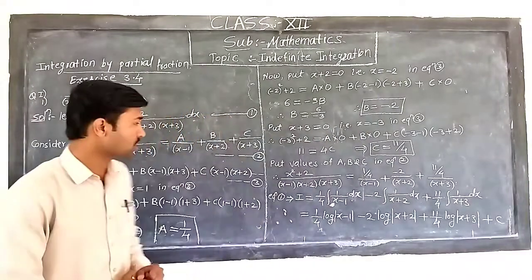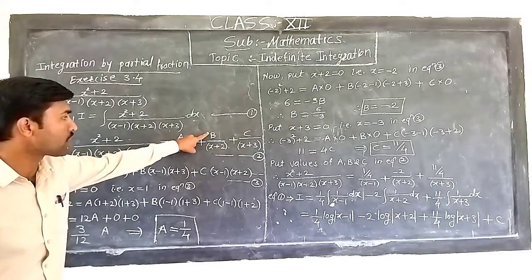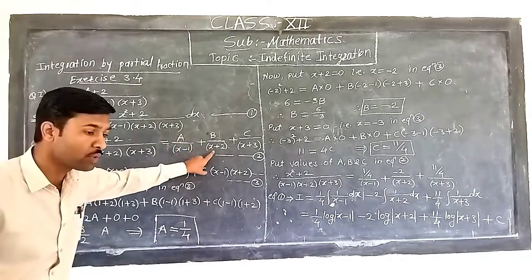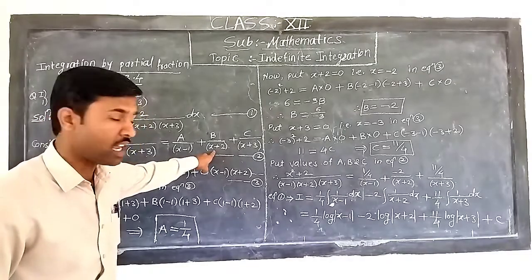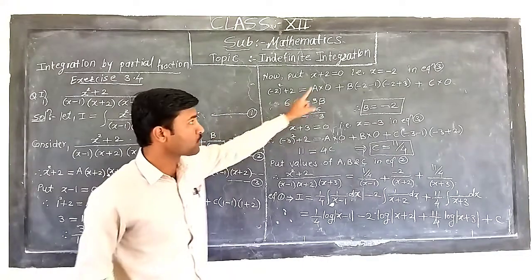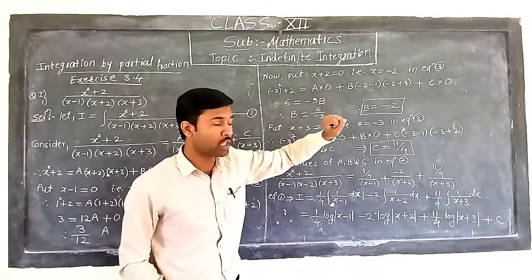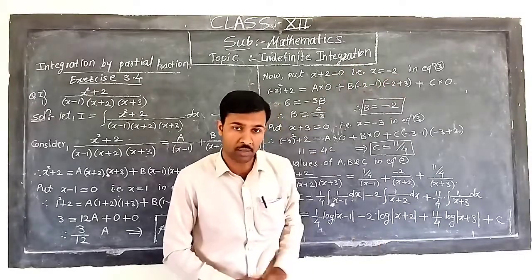Now for the second constant, the term in the denominator of the second constant b is x plus 2. It is again a linear factor, so put x plus 2 equals 0, that is x equals minus 2, in equation number 3.